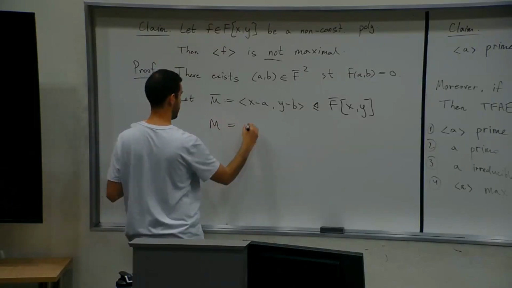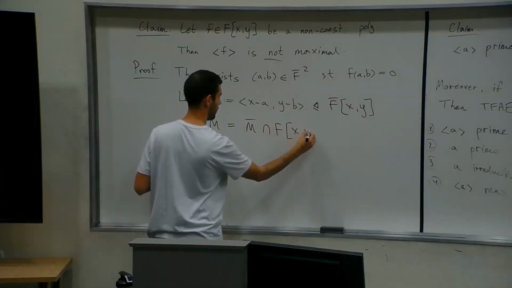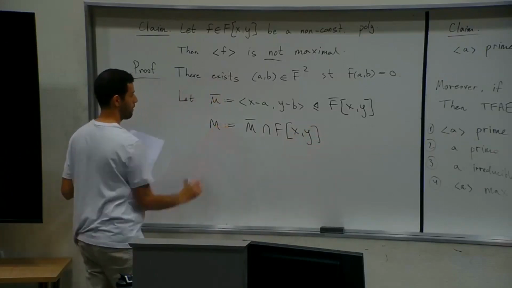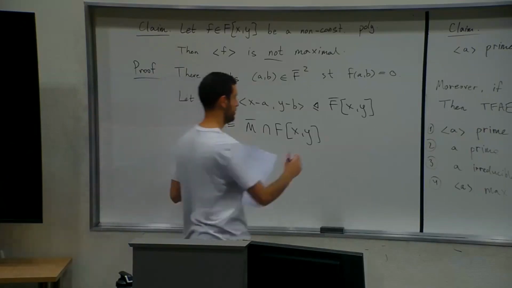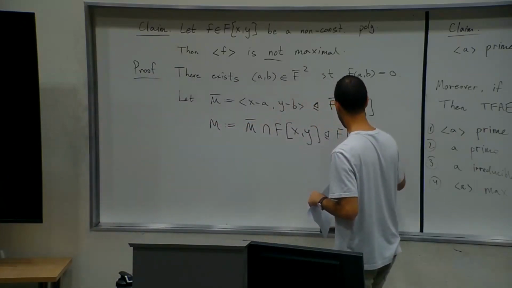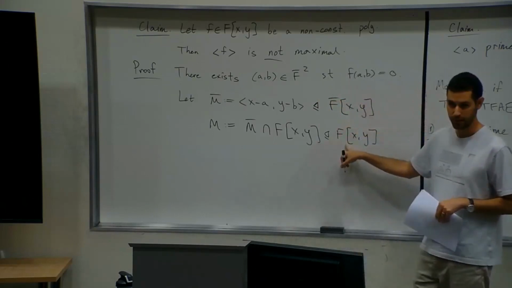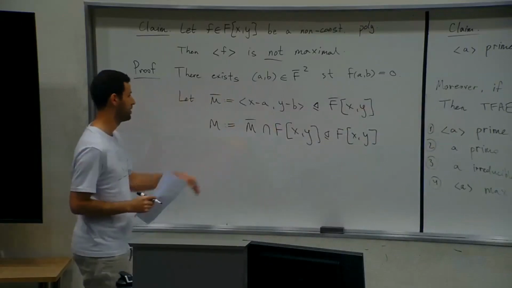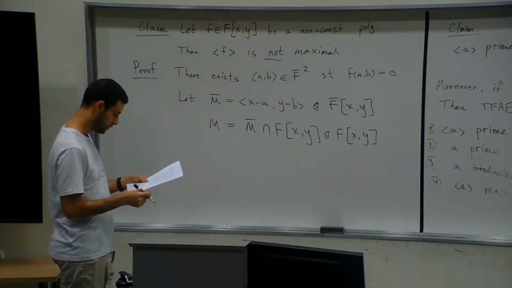We take the intersection of M bar with F[x, y]. So we take it down to our ring, and one can check that this defines a valid ideal in this ring. It's not hard, just technical, to make sure that it is indeed an ideal.